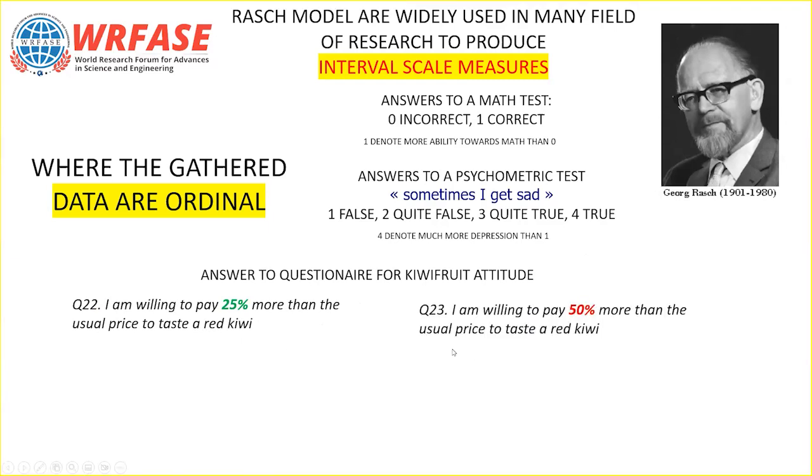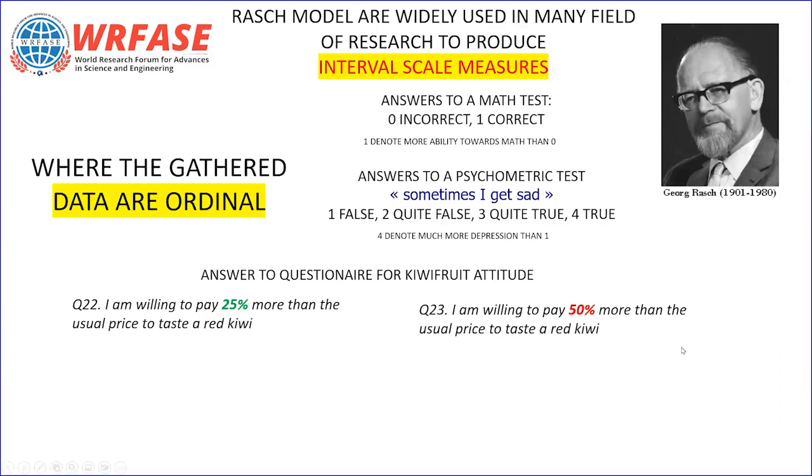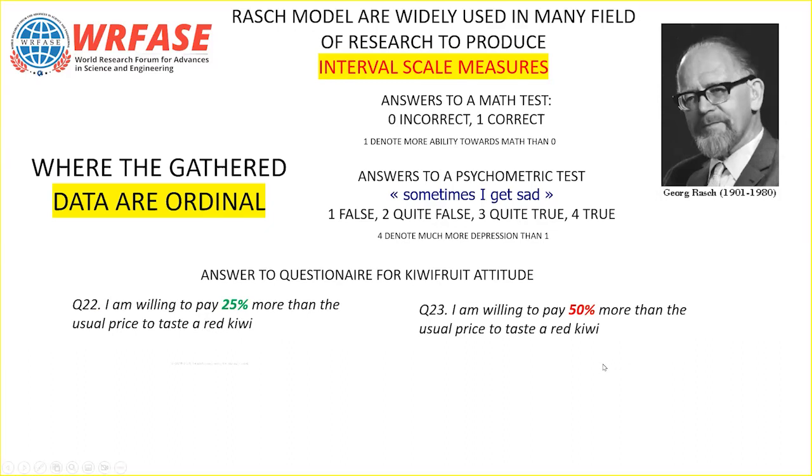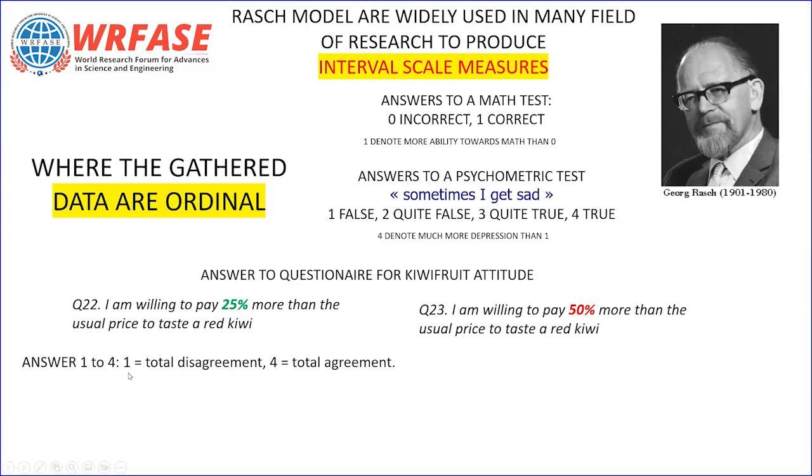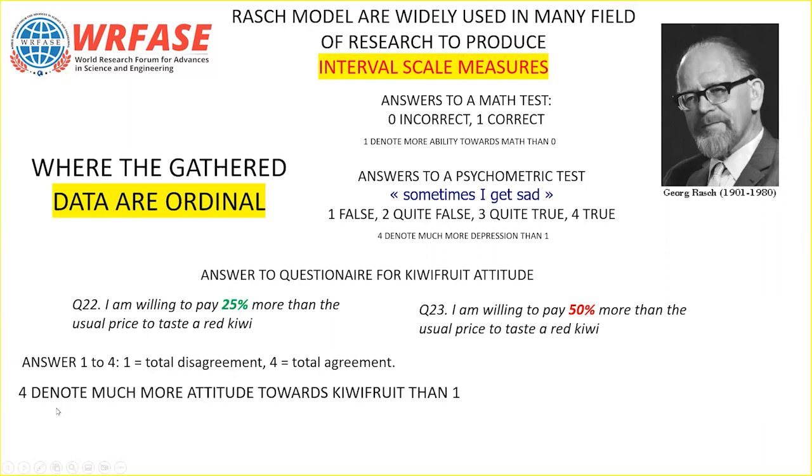And another question like: I'm willing to pay 50% more than the usual price to taste a red kiwi. And you ask to answer with a score 1 to 4, 1 total disagreement, 4 total agreement. Obviously, 4 denotes much more attitude towards kiwi fruit than 1.